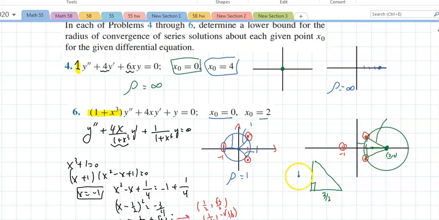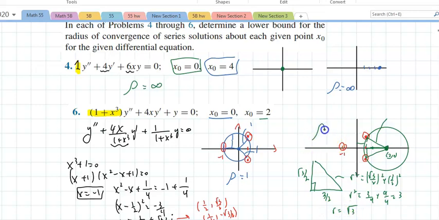And I know this height is radical 3 over 2, so I could say that r squared equals radical 3 over 2 squared plus 3/2 squared. R squared will equal 3/4 plus 9/4. That is 12/4, which is 3. And if I square root both sides, I'll get r to equal radical 3.